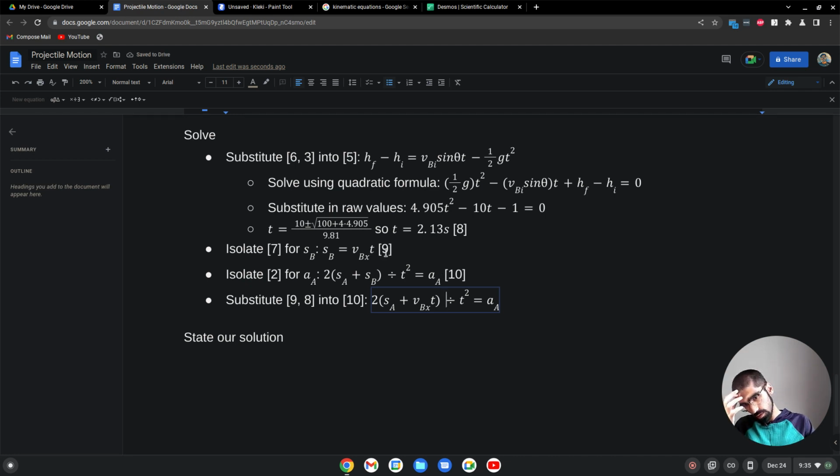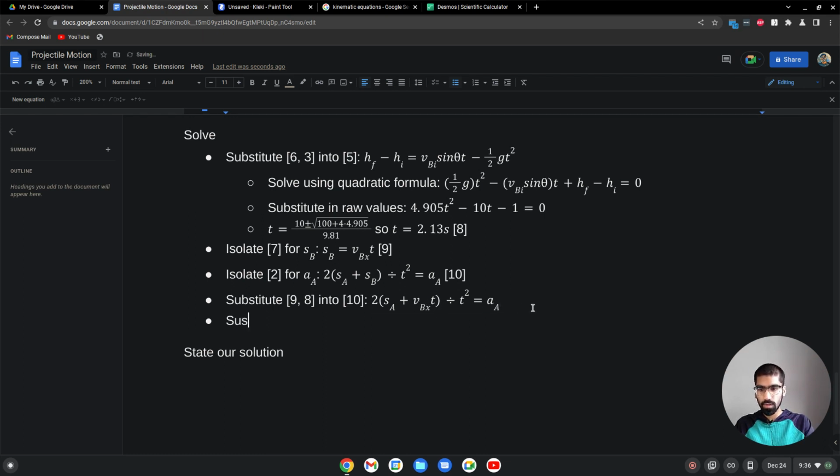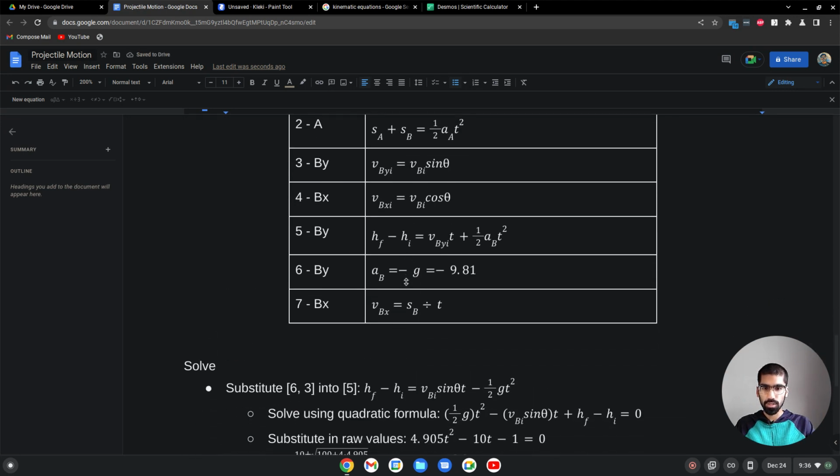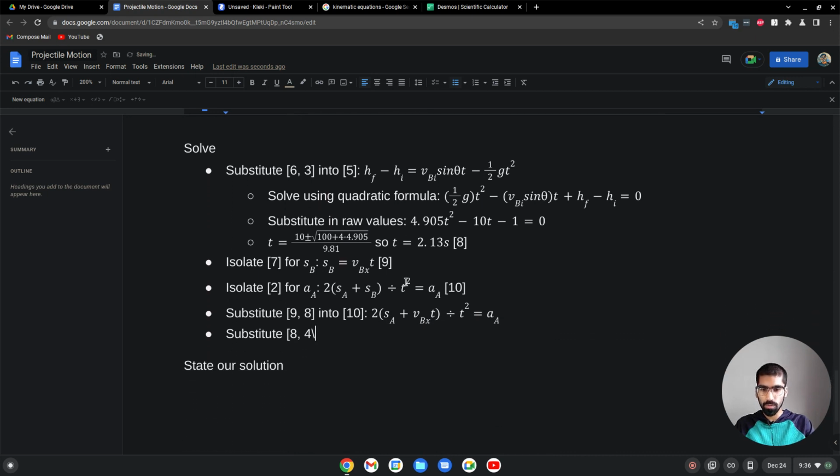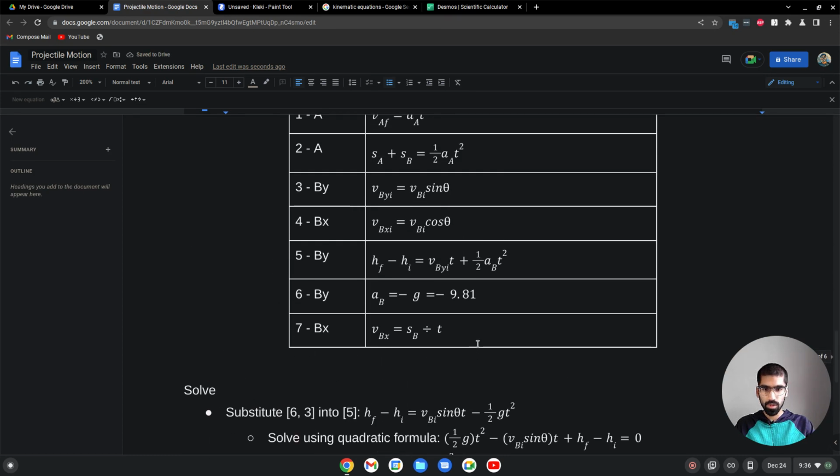We can see this from this equation. We see that we're good to go because we still have AA on one side and everything else is on the other side. So let's just substitute in 8, the expression for time, and VBXI, which is equation 4. Right.